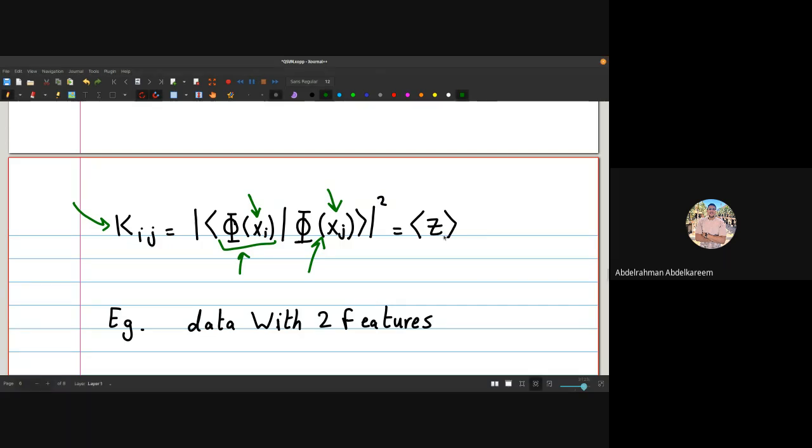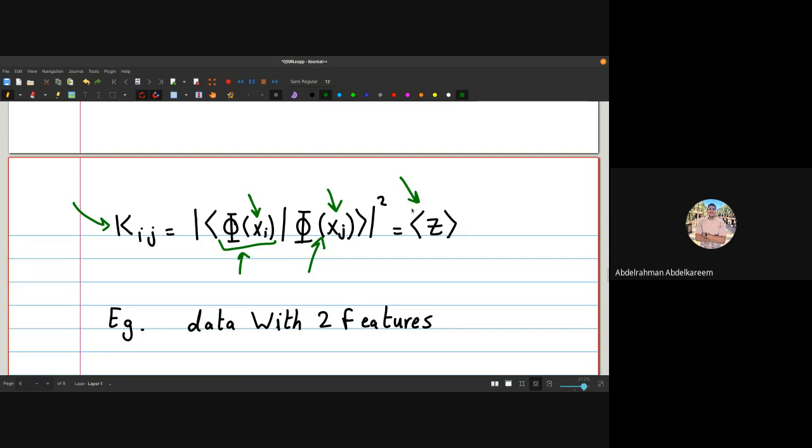Okay. If I want to calculate an element in the kernel matrix, which is the inner product between two data points, we encode them into quantum circuits, quantum states. Then it's the expectation value in z basis.